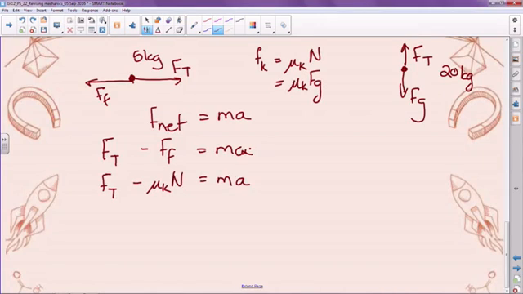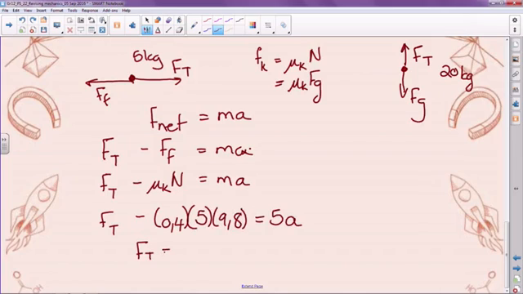Now I substitute in what I know. I don't know Ft, I know mu k, it's 0,4. N we just said was its weight, so that means it's 0,4 times 5 times 9,8. So it's Ft minus 19,6 equal to 5a. I'm going to call that equation 1.